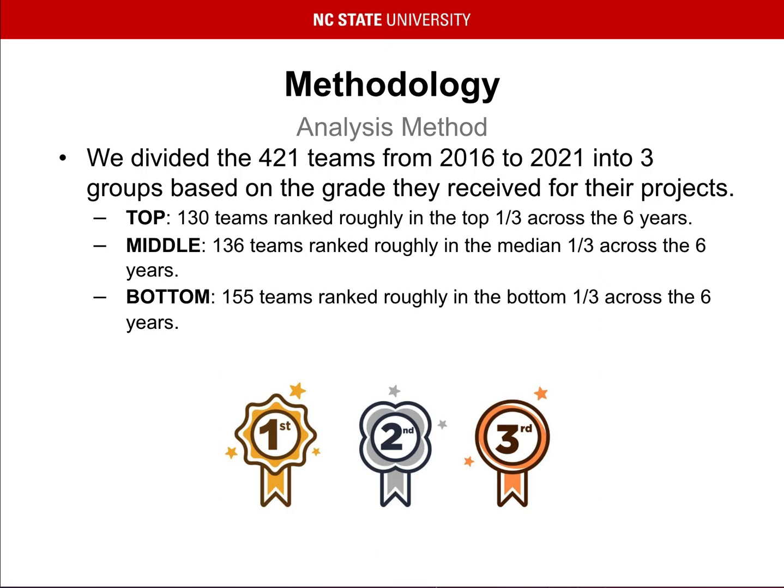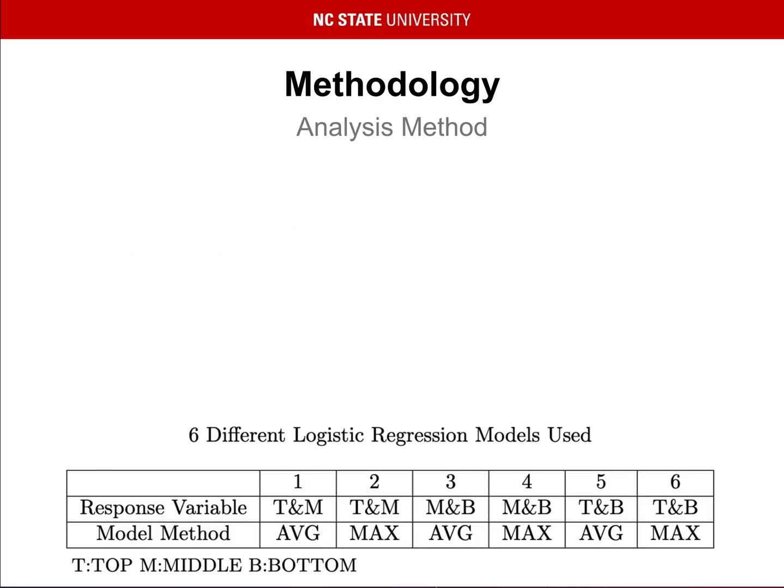We then divided the 421 teams from 2016 to 2021 into three groups based on the grade they received for their projects. The top contained the top one-third across the 6 years, the middle contained the middle one-third across the 6 years, and the bottom contained the bottom one-third across the 6 years.